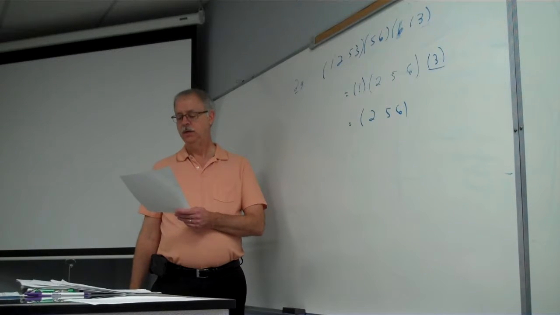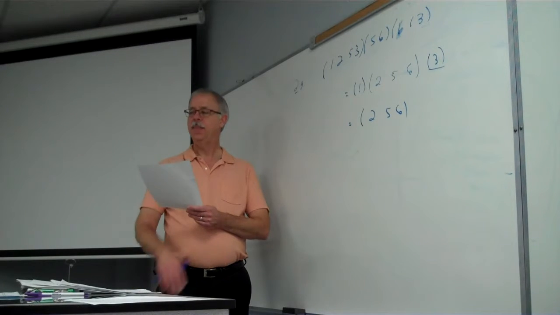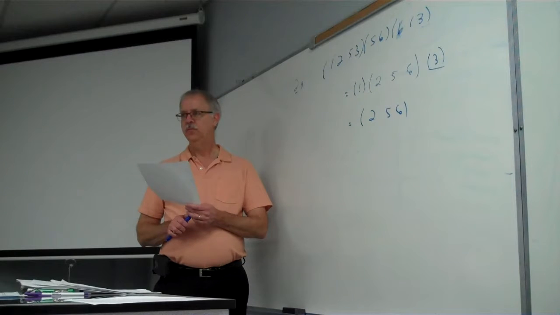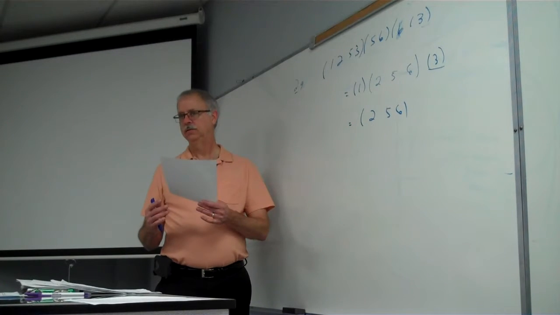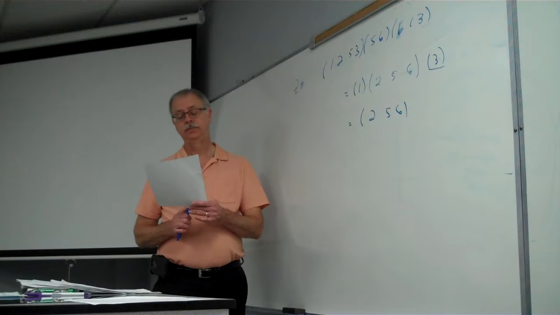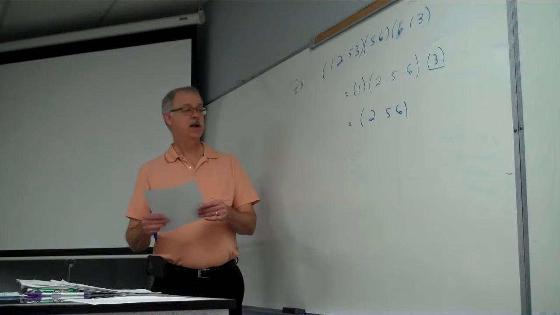Okay, well, I won't pursue that. There are things we could look at in S8 to make a determination that S8 can't be cyclic. We could easily come up with that determination.